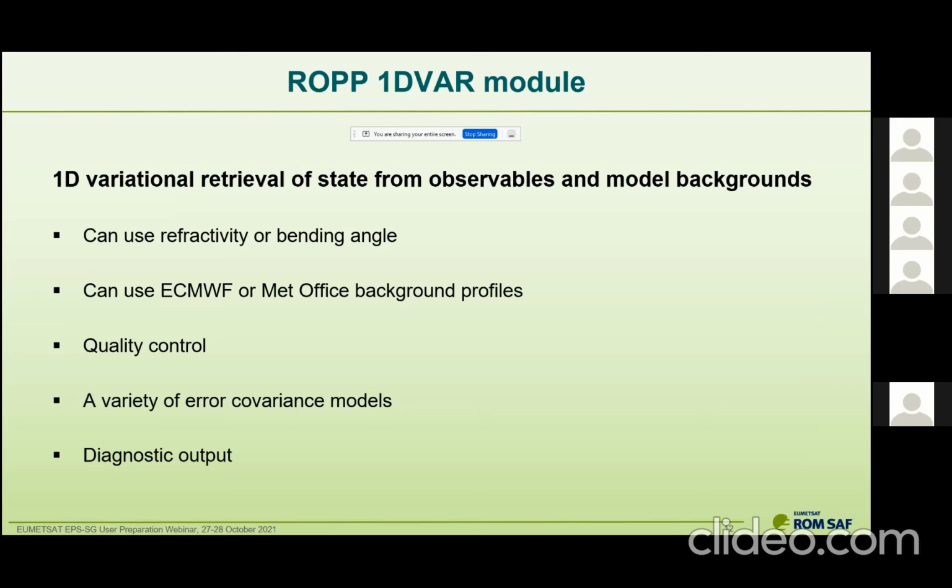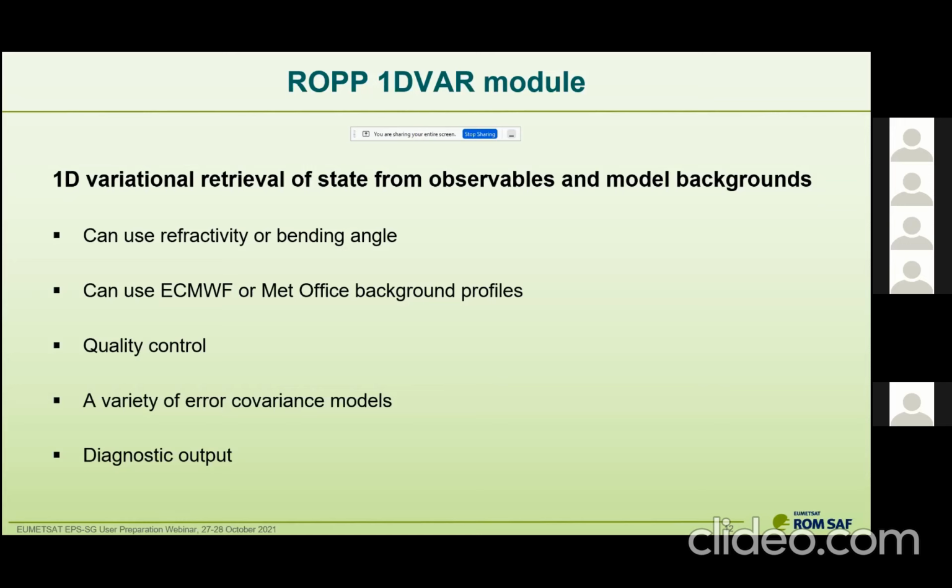So I've said we can do refractivity or bending angle. We can also use ECMWF or Met Office background profiles. Quality control is taken out to prune out obviously dodgy data.